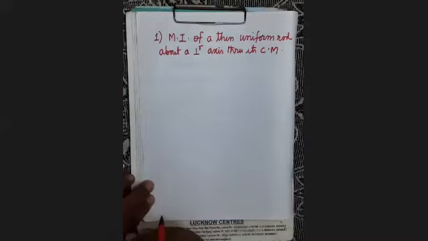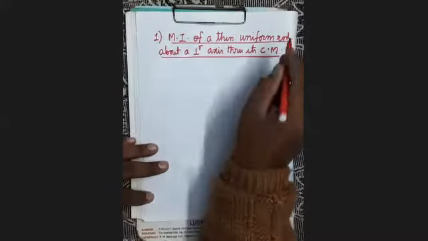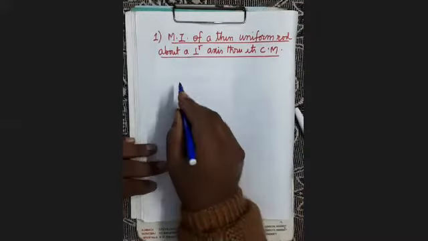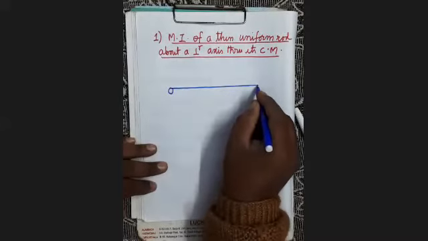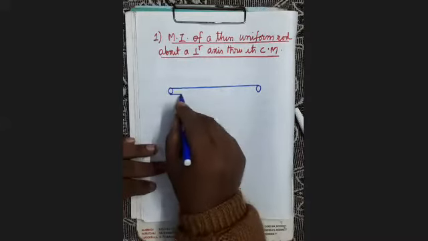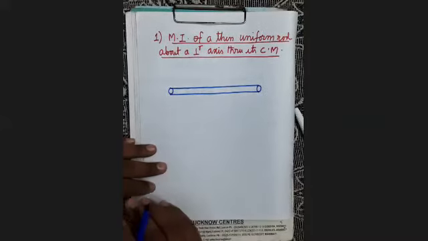It's clear. Now see here, what will be the formula? So first you see here, this is a thin uniform rod of length L. Now uniform means its mass is distributed uniformly.